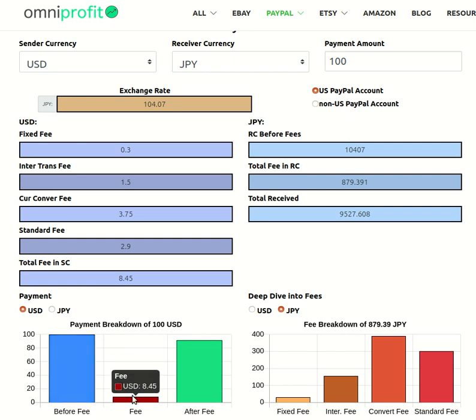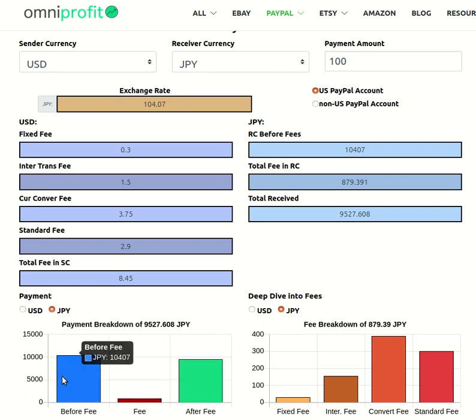Here's my $8.45 for the fee, and then the after fee is just the two subtracted, and so $91.55. I can look at this in JPY, and you can see that these three values now match the right-hand column. And the reason why that's there is maybe you want to look at it based in USD or JPY. We just want to provide flexibility.